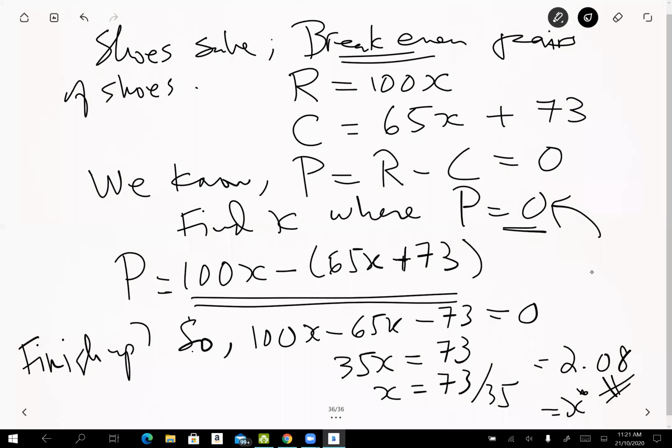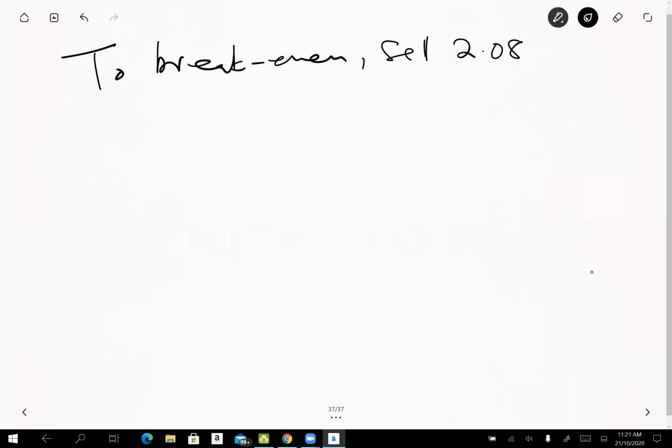So our conclusion would be, to break even you have to sell 2.08 units of shoes, and the unit is in terms of pairs of shoes.